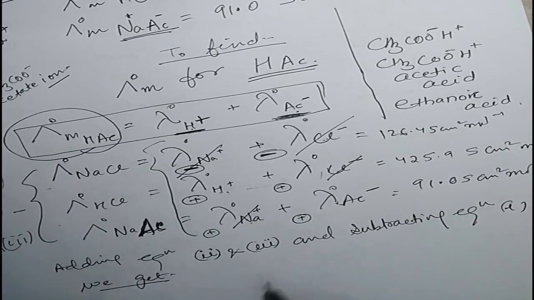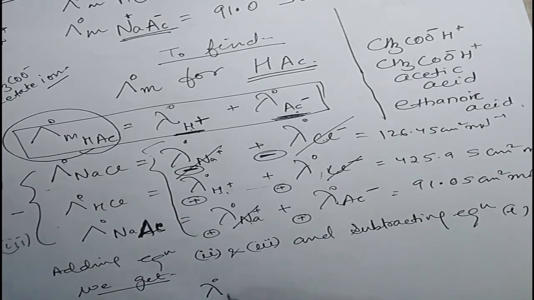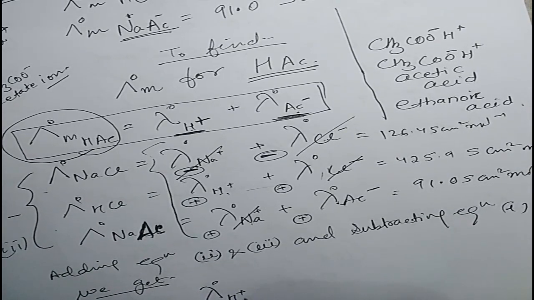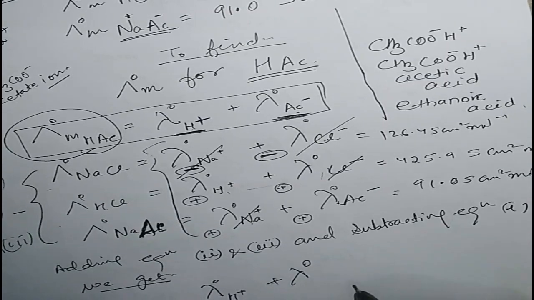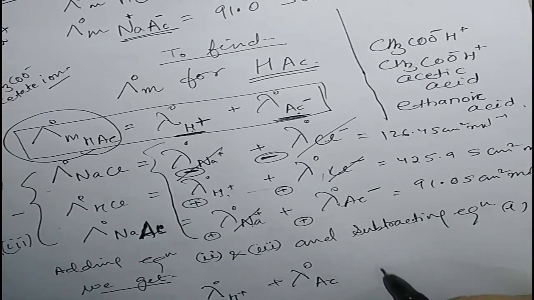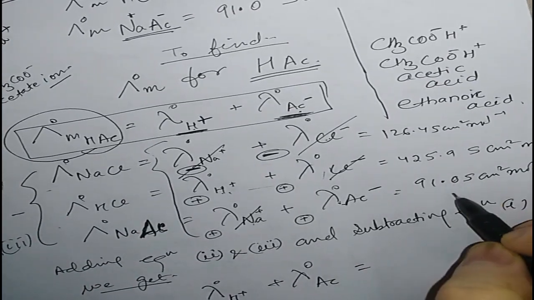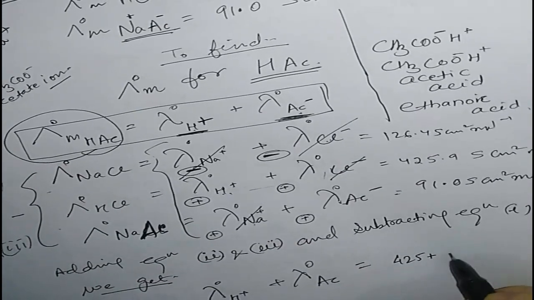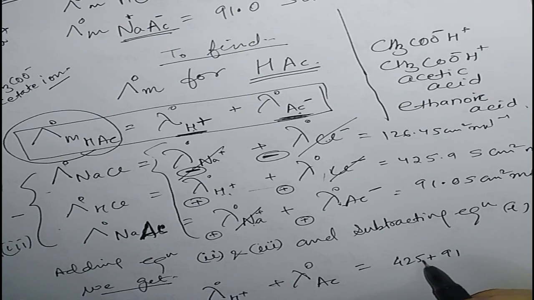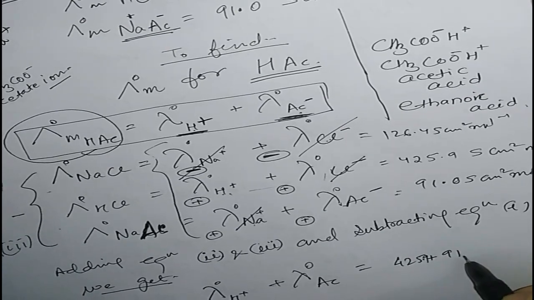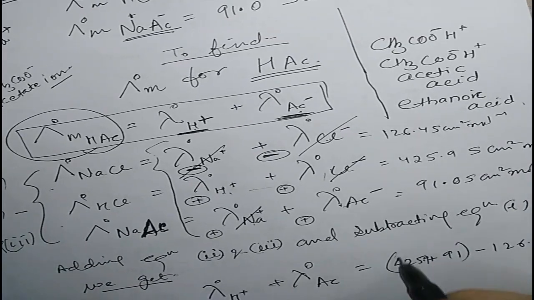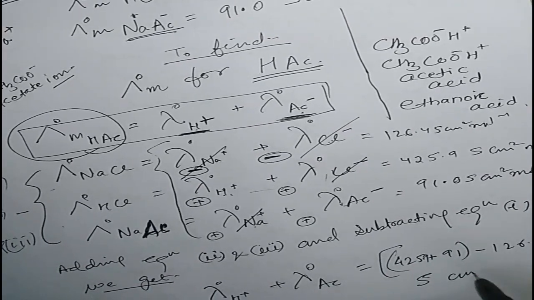So we get these two values: lambda naught H plus lambda naught AC will be equal to the addition of these two, 425.9 plus 91 minus 126.4 Siemens centimeter square per mole.